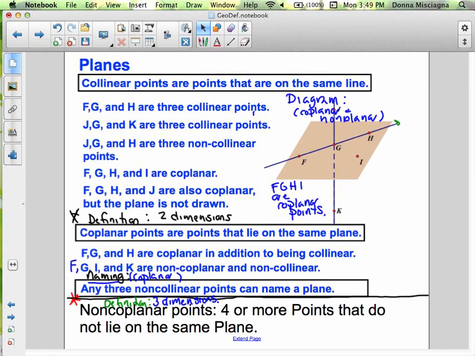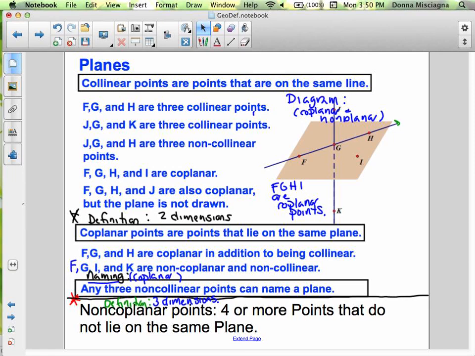For the definition, non-coplanar is 4 or more points that do not lie on the same plane. Any 3 points are coplanar. That's why we have to use 4 points. Remember, non-collinear was 3 or more points that do not lie on the same line. Non-coplanar, 4 or more points that do not lie on the same plane.